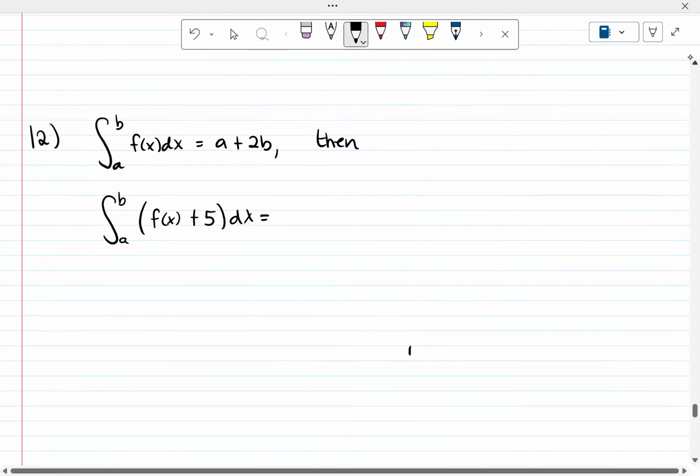Number 12 says, we have the integral from a to b of f of x dx equals a plus 2b. Then the integral from a to b of f of x plus 5 dx equals what?